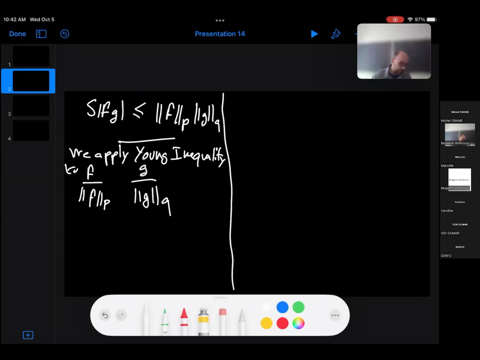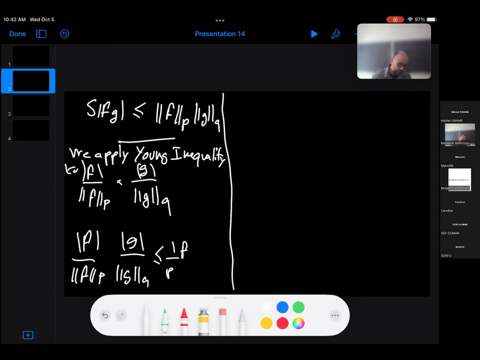I obtain that f divided by its norm times g divided by its norm is less than 1 over p times absolute value of f to the p divided by norm to the p, plus 1 over q times the same for g.